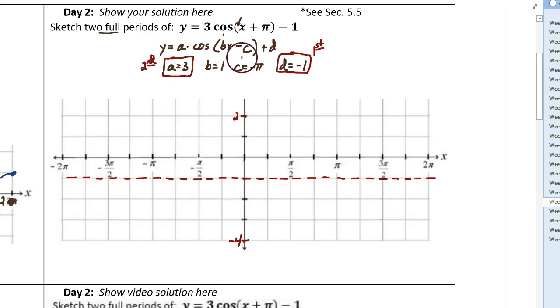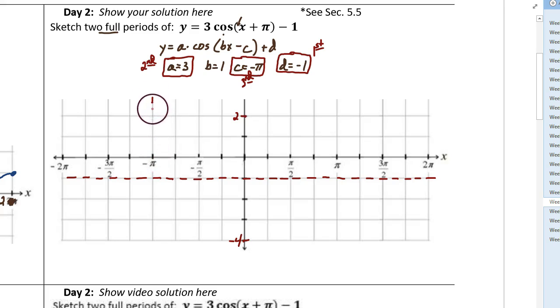The next one that we're going to use is the c. So we're going to use that one third, because c gives us our horizontal shift, also called phase shift. So instead of starting our graph from the y-axis, we're going to start our graph from negative pi, which is over here.